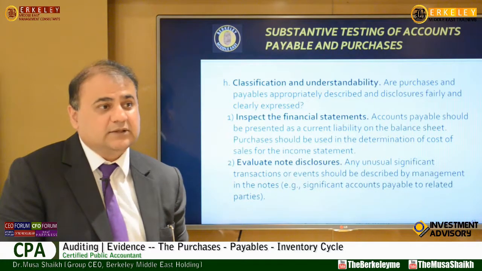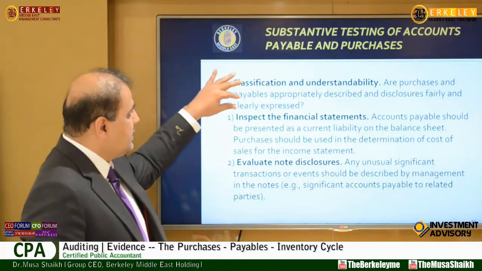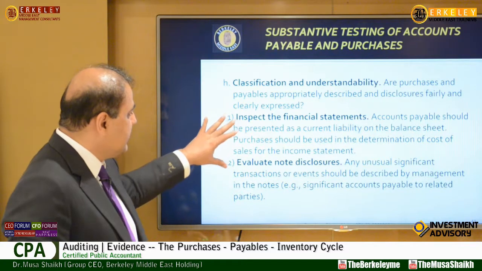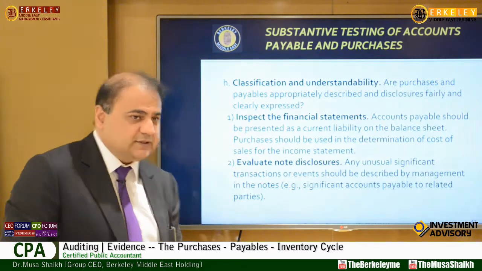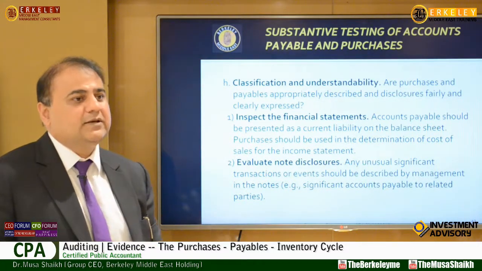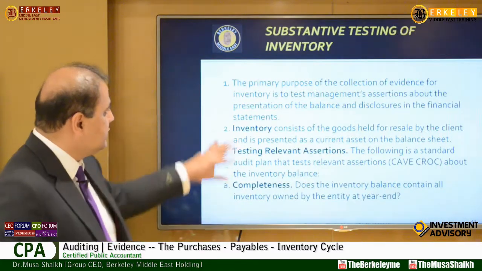But it is not an asset for them, it is inventory. So you have to see that it is classified in a proper way and understand the transaction, inspect the financial statements, and evaluate the disclosures, that they are adequate, that they explain the full story, or whether there are some hidden bottom lines that you have to decide on.